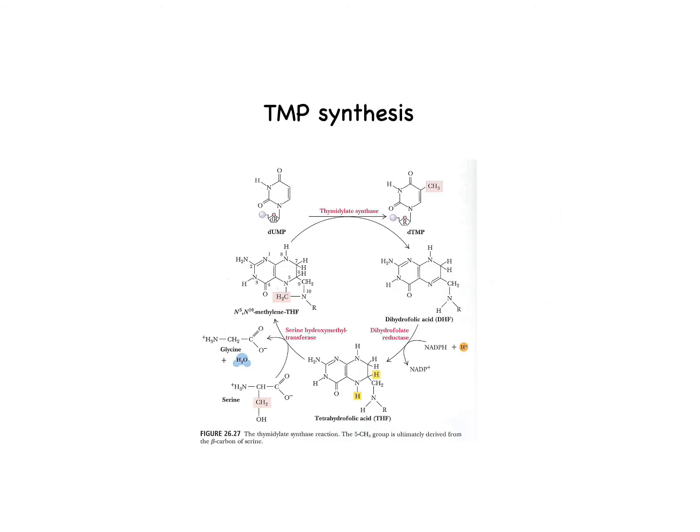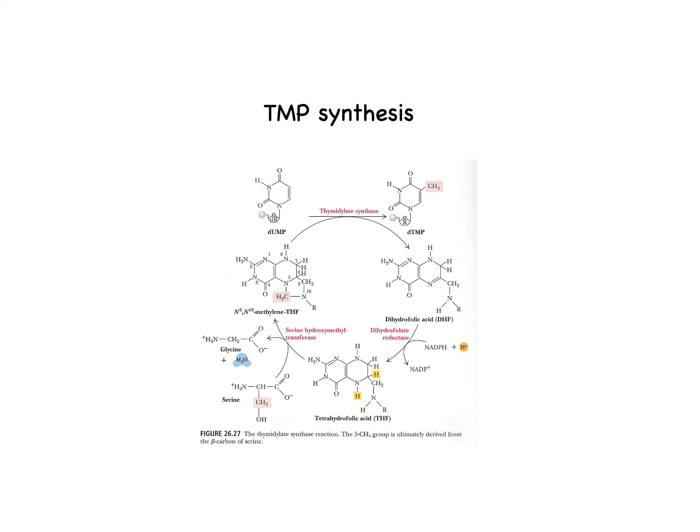Now, one other modification we need to make to the pyrimidines is to methylate dUMP to make TMP, and that's the pathway shown in this figure. It looks a little complicated, but it's maybe not quite so bad. So up at the top is the enzyme that does that, thymidylate synthase.